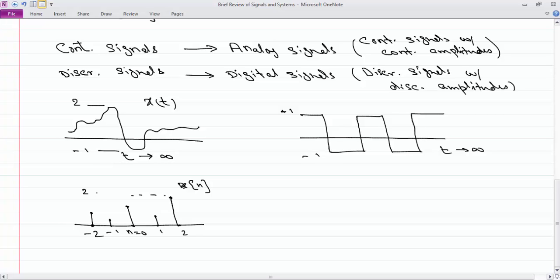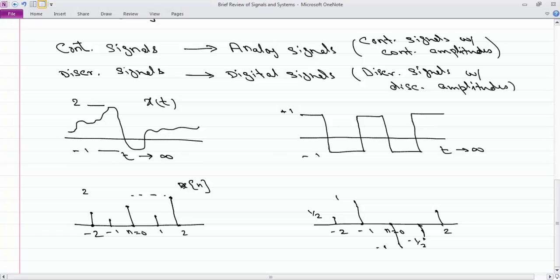This is not a digital signal. Whereas a digital signal will be, if I say that the values that it takes are only a discrete set of points. So let's say the signal only takes values 1/2, 1, -1, -1/2, and it only takes these values, it doesn't take anything else.